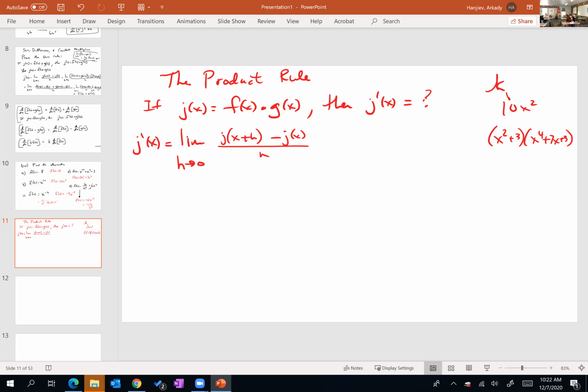Okay, I think we have it right there. So let's work together and see if we can get something out of this. Okay, if that's the case, then I have the limit as h goes to 0 of f of x plus h multiplied by g of x plus h, and bracket, bracket maybe.